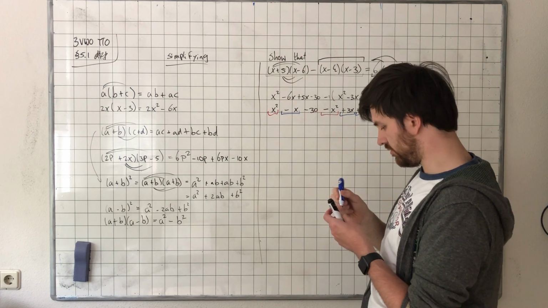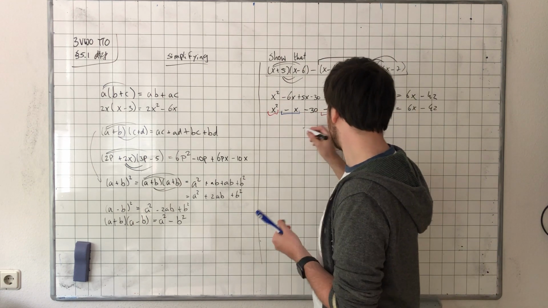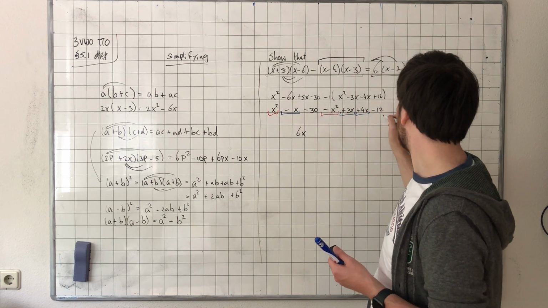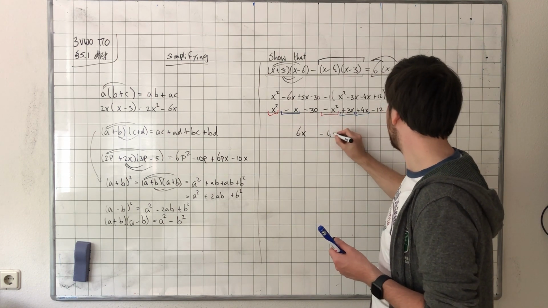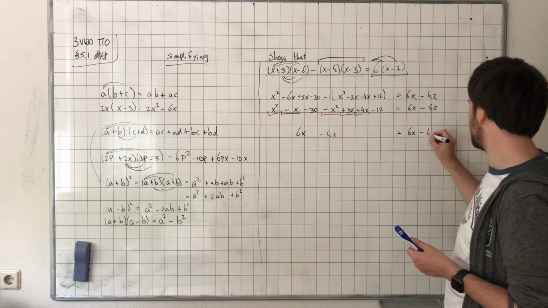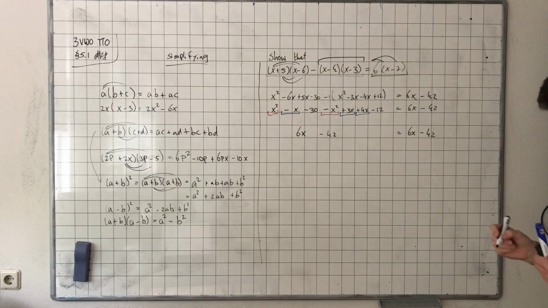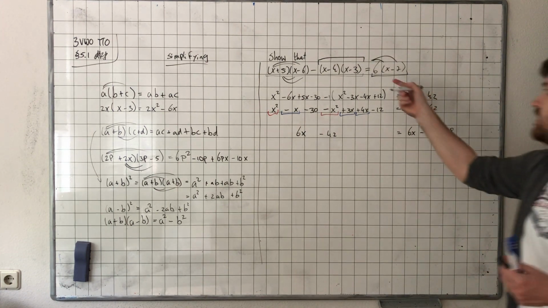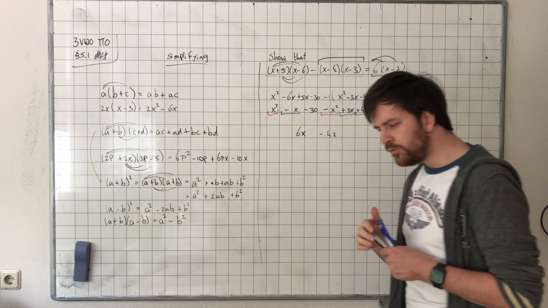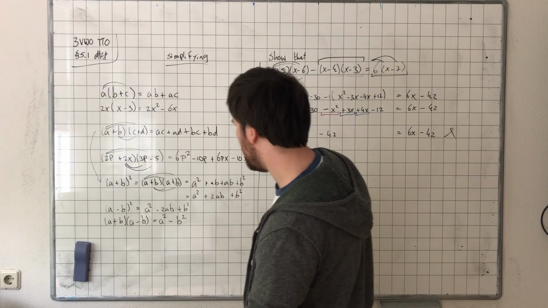And if we add those things, we have 6x. Then we're left with minus 30 minus 12, that's minus 42. Hey, that's the same as 6x minus 42. So we just showed that these two things are actually equal. Hopefully this makes some sense.